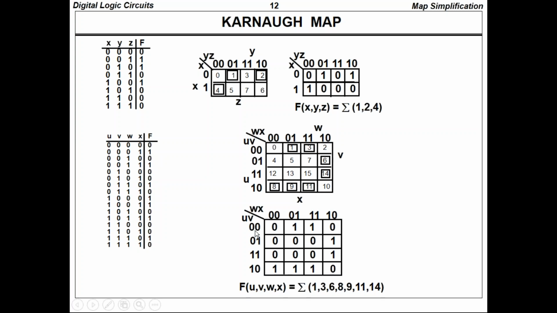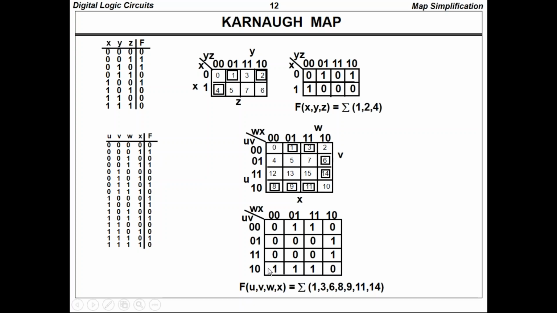For this one and this one, the common variable will be 0, that is v bar, and for this one and this one the common variable is x. So the output will be x into v bar plus, and here you have to consider this group alone.